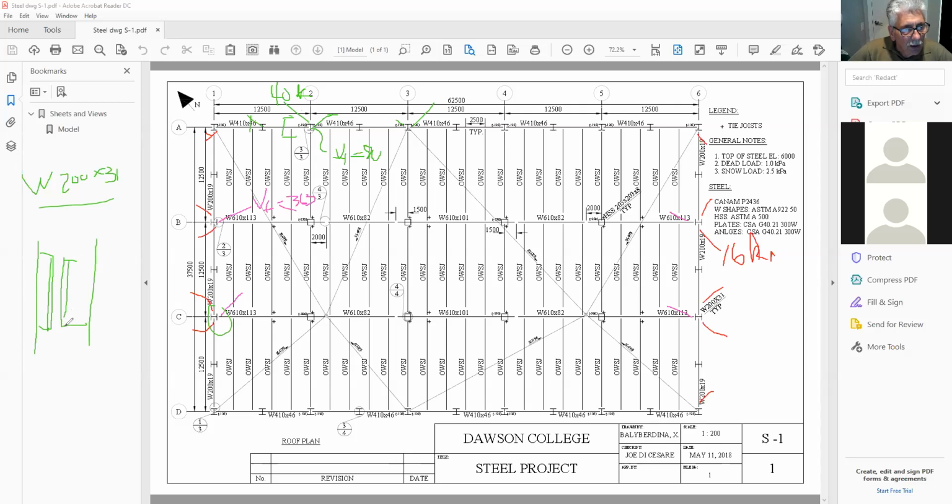Now, if I take 76 by 76 by whatever thickness I'm going to need according to my calculation, 76 and 76 already gives me 152. You follow? You're going to have to make sure that the space in here allows you to install these two angles. And if it doesn't fit, it's not a problem, because then you have to go look at the geometry.